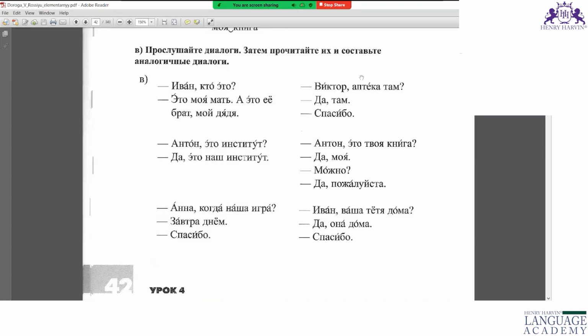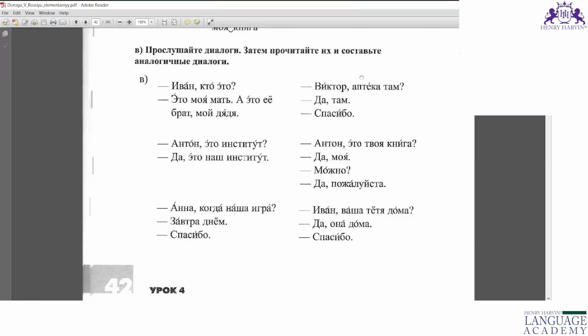Иван, кто это? Это моя мать. А это ее брат, мой дядя. Антон, это институт? Да, это наш институт. Анна, когда наша игра? Завтра днем. Спасибо.